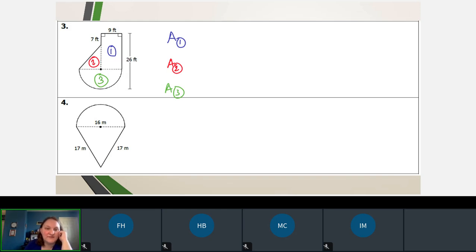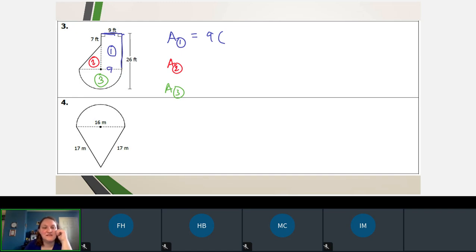So that 9 is very nice. Thank you, 9. But now we need to figure out the width. I need this length. Well, oh, you can't see where I'm pointing. I know that this is 9, which means in my rectangle, this piece is also 9. How does that help?